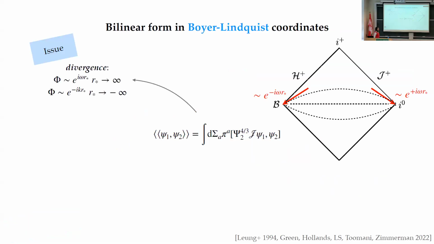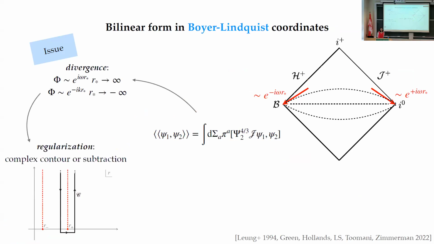But one challenge with the bilinear form, when we were using the standard Boyer-Lindquist coordinates, was that our quasi-normal modes were actually divergent at the two boundaries of these slices, at the bifurcation surface and at spatial infinity.